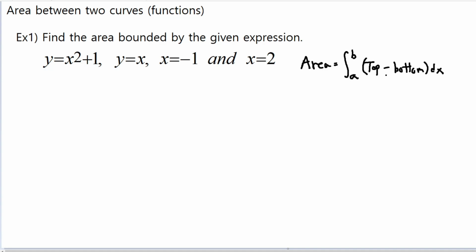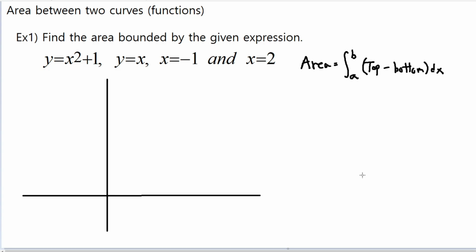In order to figure out what the top and bottom functions are, let's look at the sketch of these graphs. So here's your x-axis and y-axis. This graph is a parabola shifted one unit up. So roughly, let's say here's one. The graph is going to go like this.